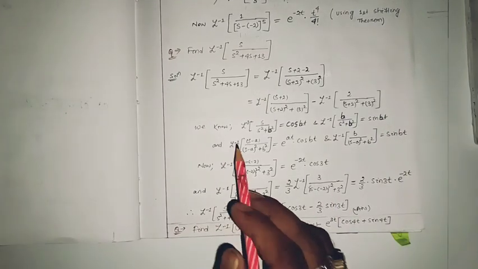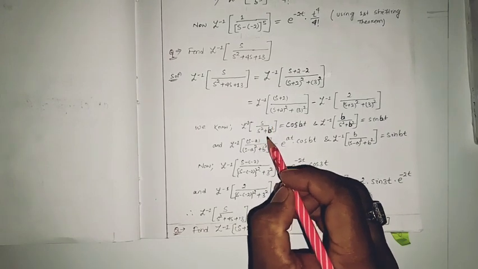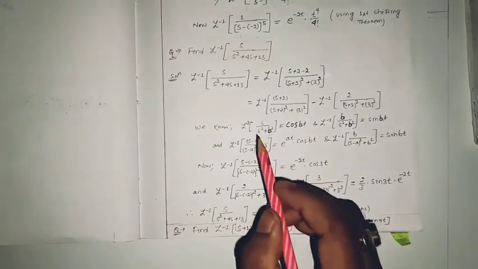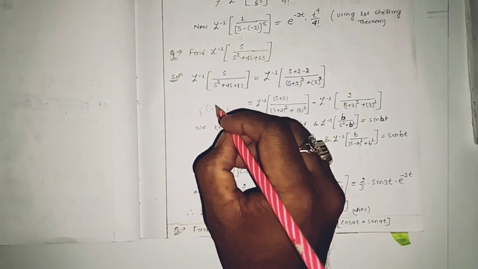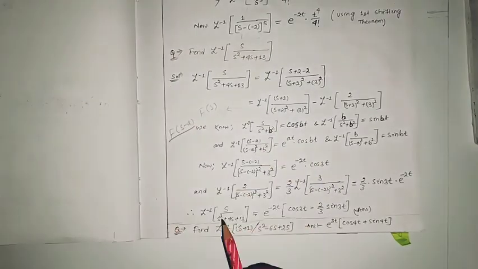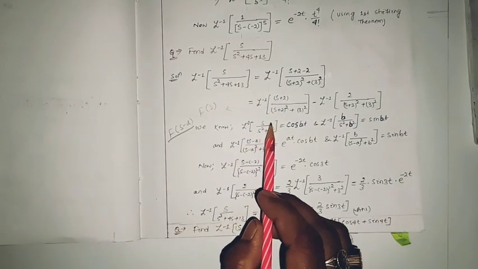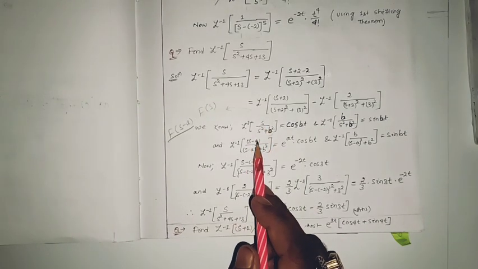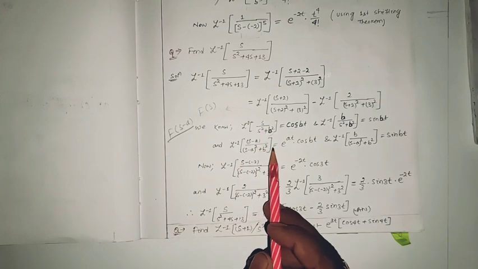The inverse Laplace transform of s by (s square plus b square) is considered as capital F of s, which equals cos bt. If we are going to consider F of s minus a, that means wherever there is s, we have to consider s minus a. So instead of s, we write s minus a: (s minus a) by ((s minus a) square plus b square).